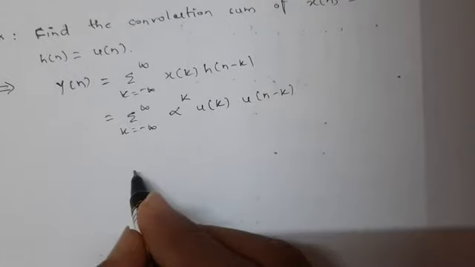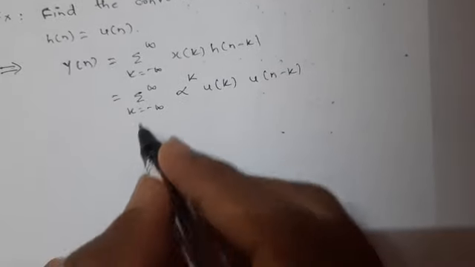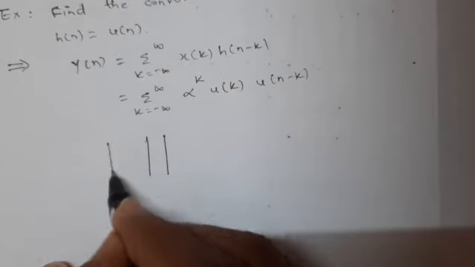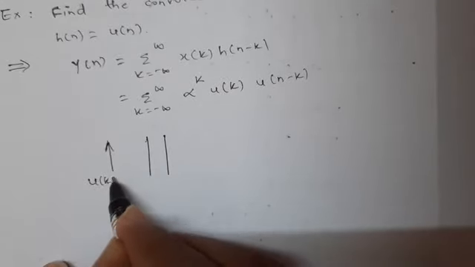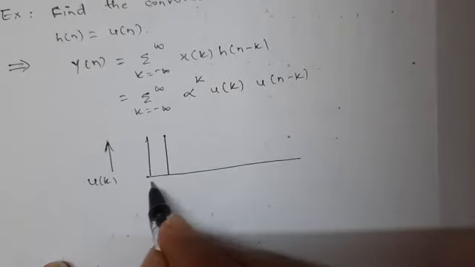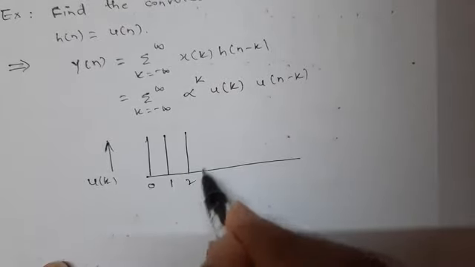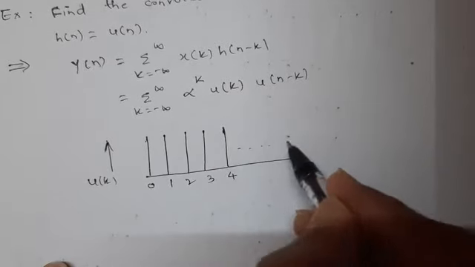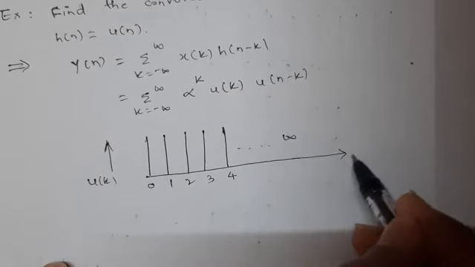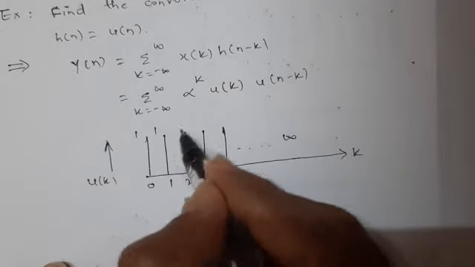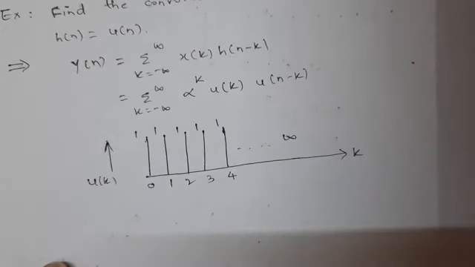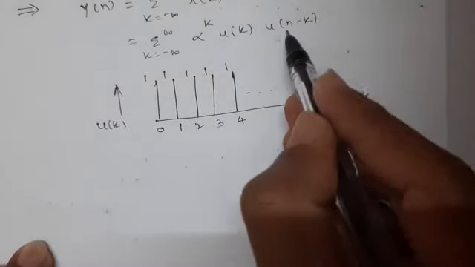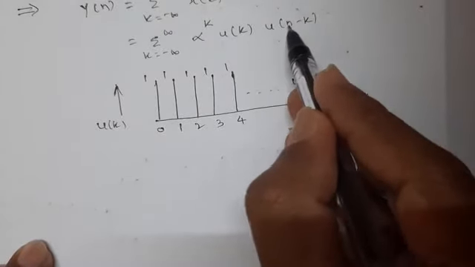Now again I will try to draw u of k. Zero, 1, 2, 3, 4 and so on towards plus infinity, amplitude 1, right? Next you have u of n minus k, which is u of minus k shifted by n.